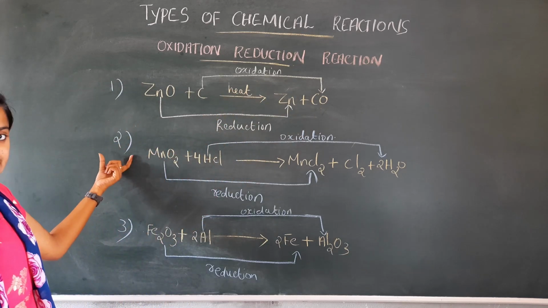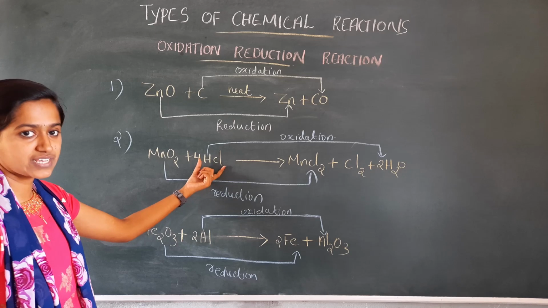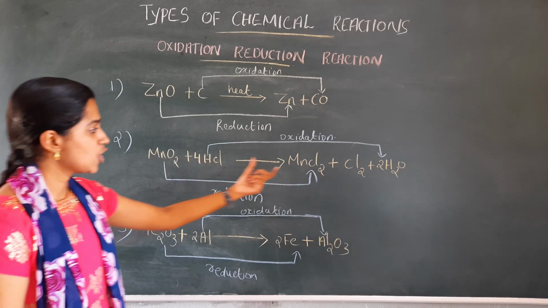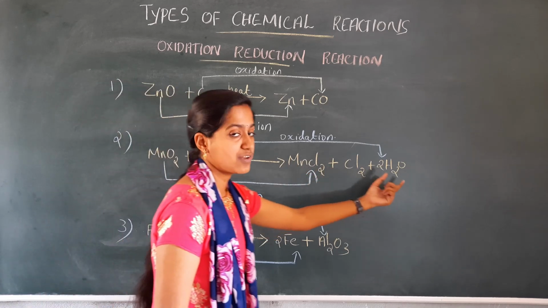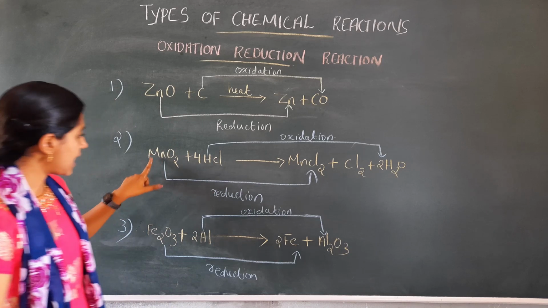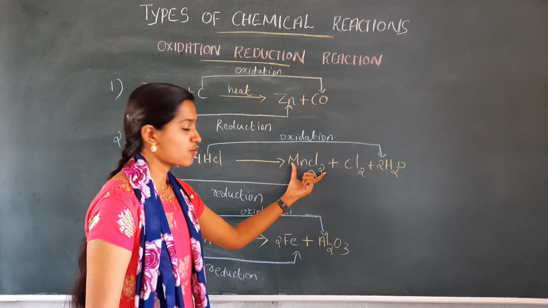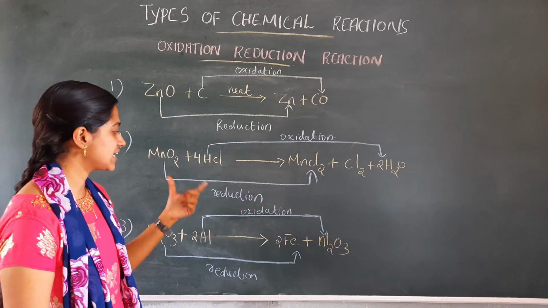Then the second example, the reaction of manganese dioxide with hydrochloric acid. When manganese dioxide reacts with hydrochloric acid, it produces the corresponding manganese chloride, chlorine and water. Here, from manganese dioxide, oxygen is removed to form manganese chloride. From the definition, we know that removal of oxygen is a reduction reaction.